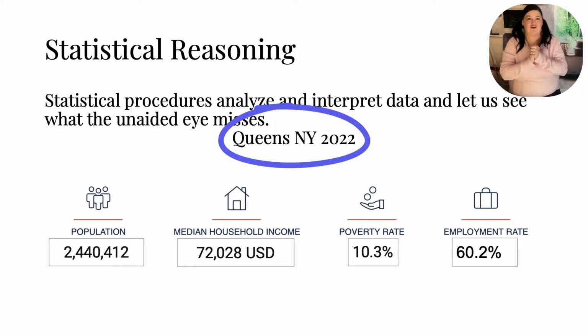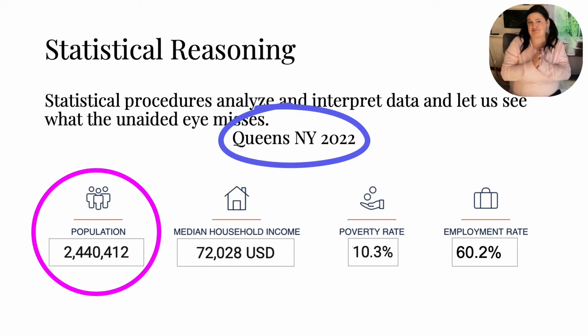Okay, this slide is all about where you guys live, Queens, New York, right? For instance, we have some data here, which is from the Census Bureau. It's about the income for the county and state, which is Queens, New York, in which the population is over 2.4 million people who live there.